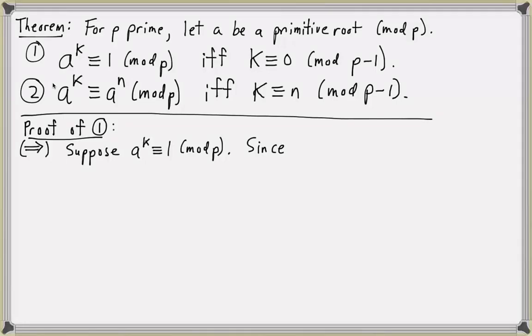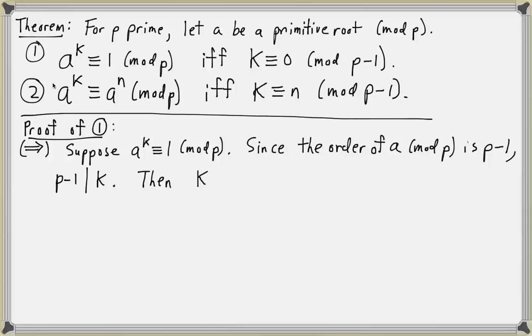Since the order of a is p minus 1, because a is a primitive root, we see that a to the k being congruent to 1 implies that p minus 1 divides k.